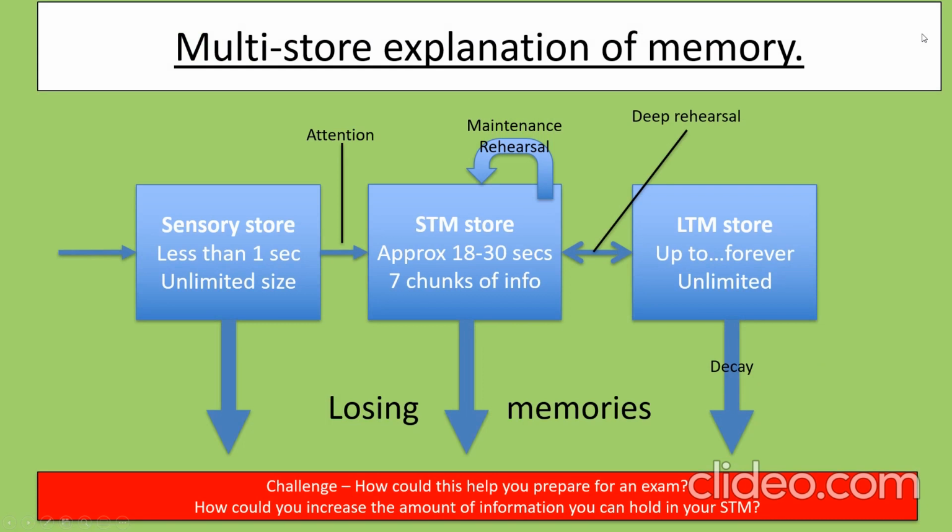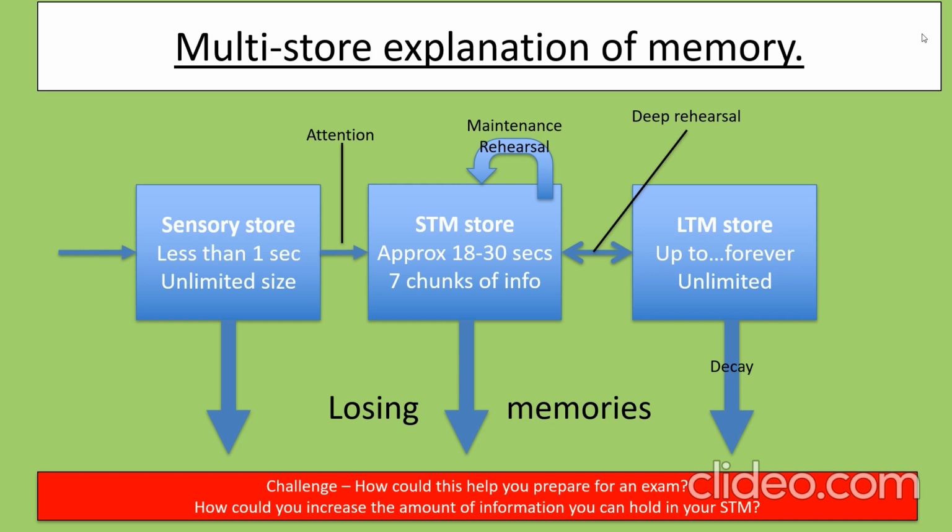So here is a diagram of the multi-store model of memory. If you can remember from lessons, we have this nice 3-box layout describing how memory works, and those 3 boxes each stand for a different store or a different part of memory. You've got the sensory store on the left, the short-term memory store in the middle, and the long-term memory store on the right there.